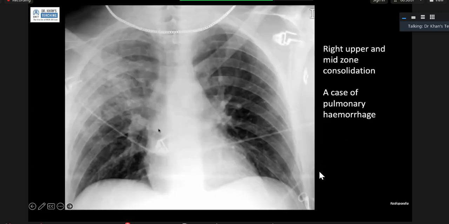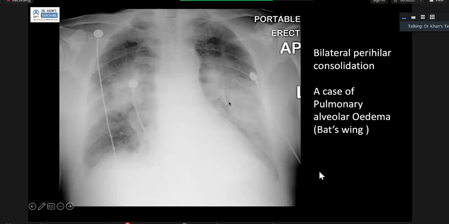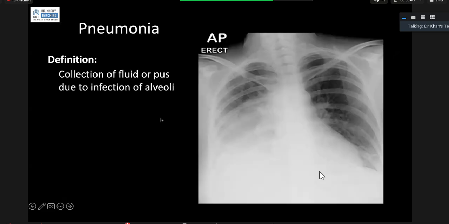Now, this is because of pulmonary hemorrhage. Now, this is pulmonary edema, right? So it will look the same. The clinical features and certain specific characteristic chest X-ray appearance, if they're there, make it easier to identify. Otherwise, your identification will depend on the clinical history, examination and the clinical presentation.